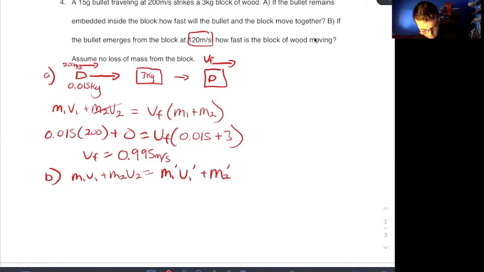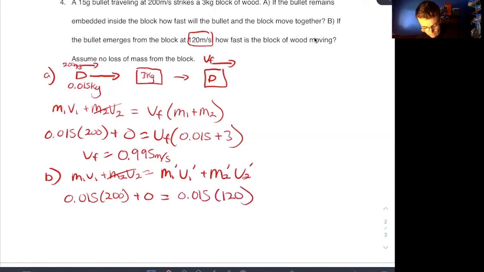The masses are going to be the same, the velocities will be different. So if we plug in our values, the initials are the same, right? 0, still 0. The mass of the bullet is the same, and it emerges at 120 meters per second.